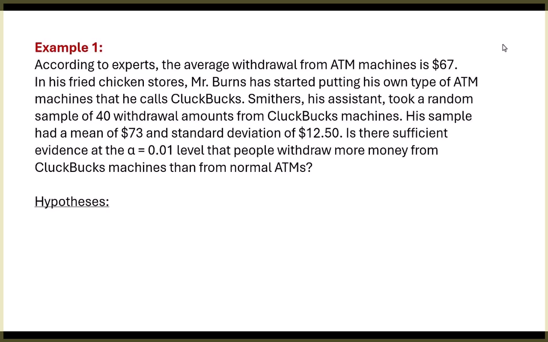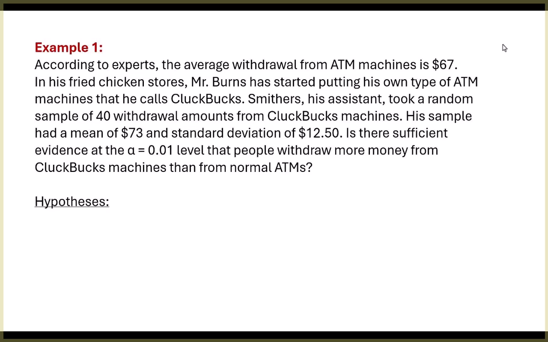Okay, first problem. Mr. Burns has these fried chicken stores, and he puts an ATM machine in all of them. We know that just for ATM machines in general, the average amount withdrawn is $67. So Burns gets Smithers to do a random sample of 40 just to see, is that average about the same for our stores?